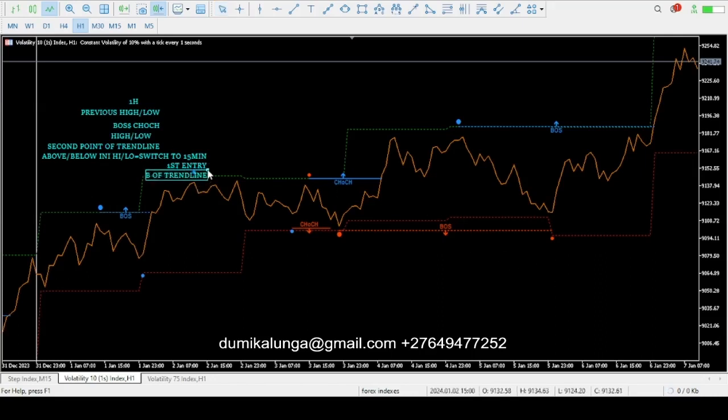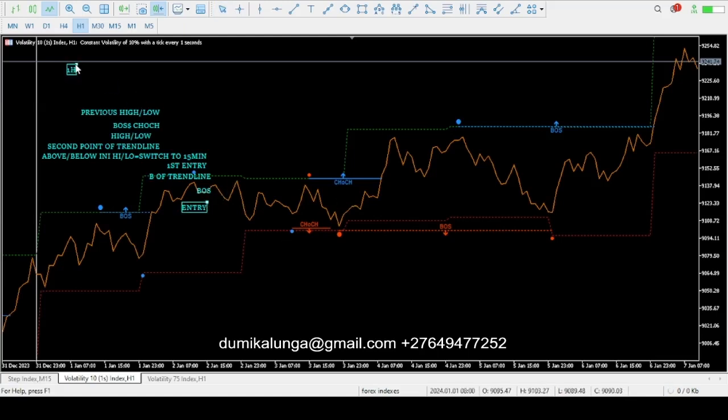And after we break the trend line, we're going to break the initial low and come back for entry. That's where we get our POS and then entry. So these are the steps we will follow.